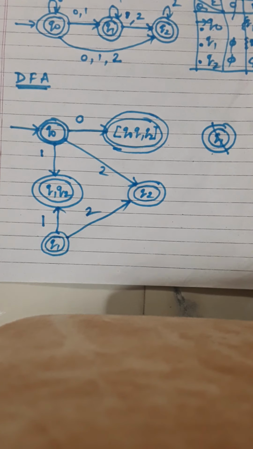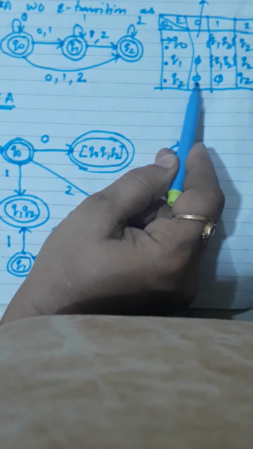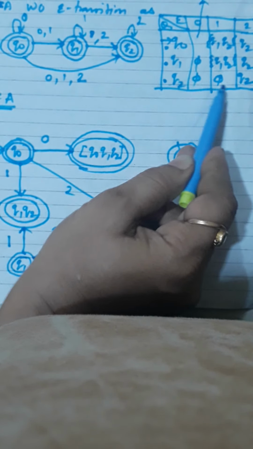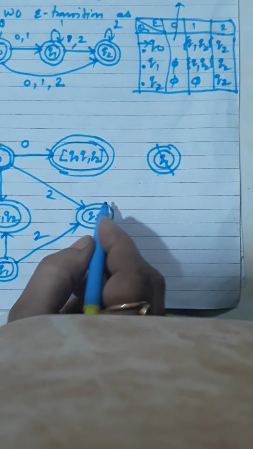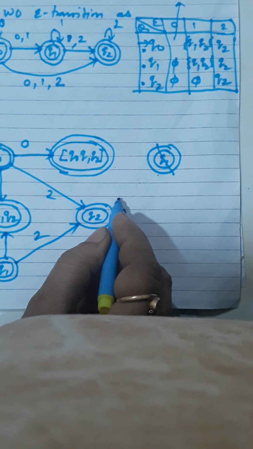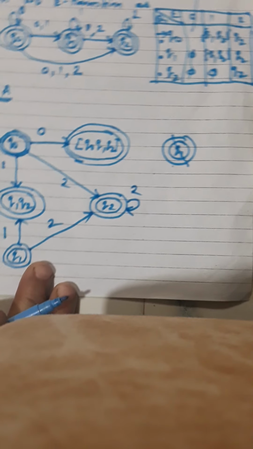Q1's turn is over. Next, Q2 on 0 moves nowhere, Q2 on 1 moves nowhere, and Q2 on 2 moves to Q2, so there will be a self loop.